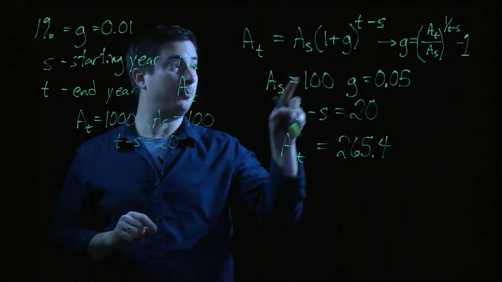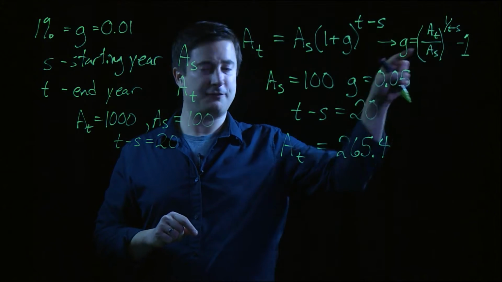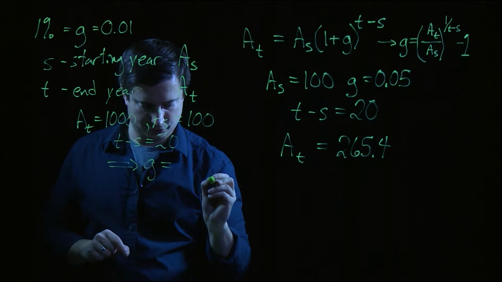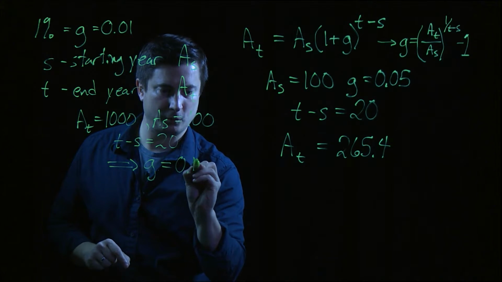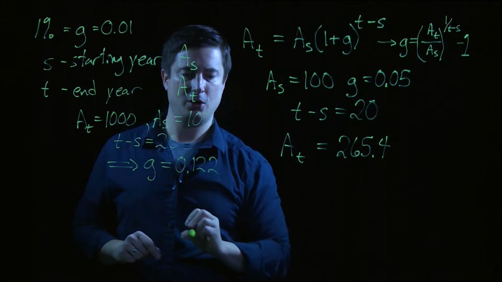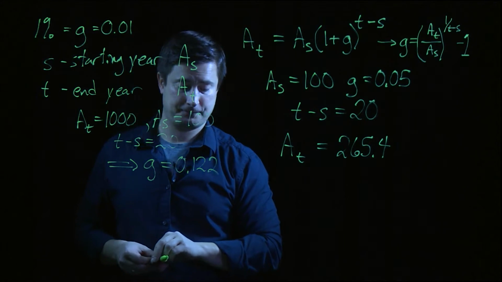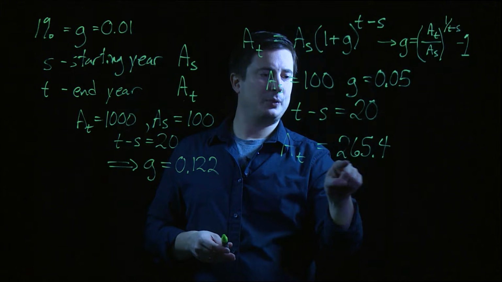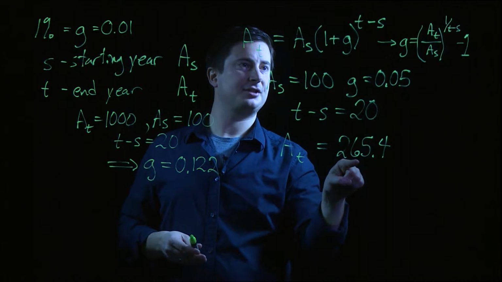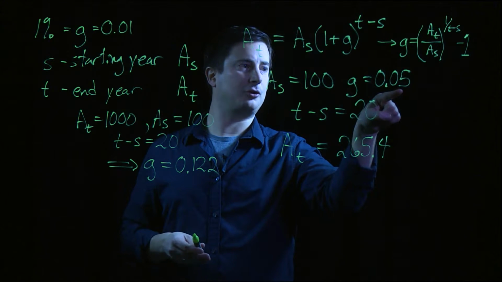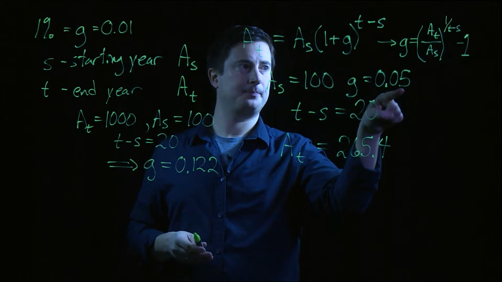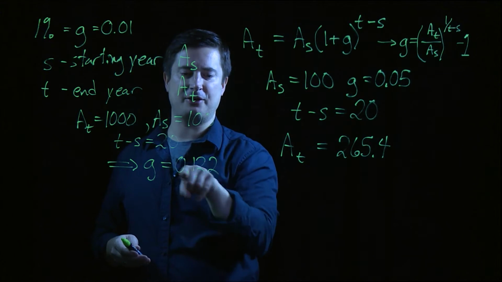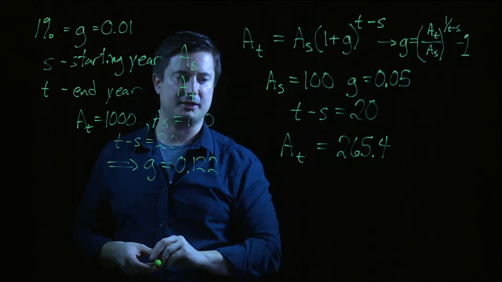So doing that, just plugging into this formula, that's going to give us, in this case, that G equals 0.122 or 12.2%. So notice the difference there. In this case, we ended up with $265, applying a growth rate of 5%. In the second case, we ended up with $1,000. That meant a growth rate of 12.2%.